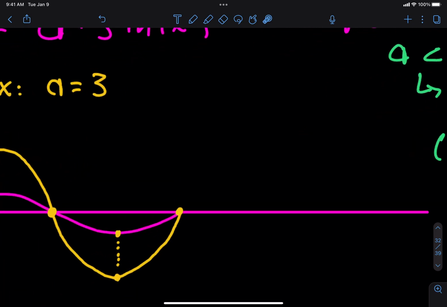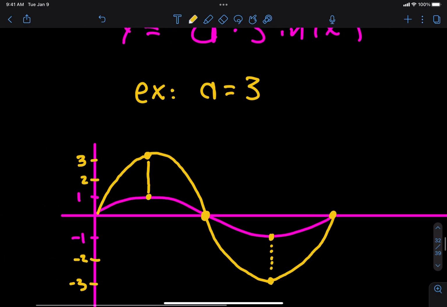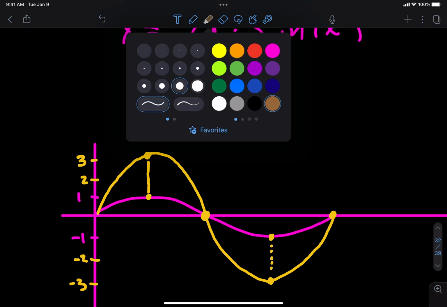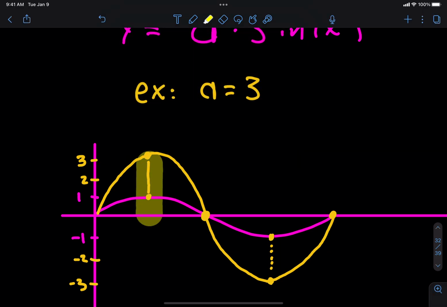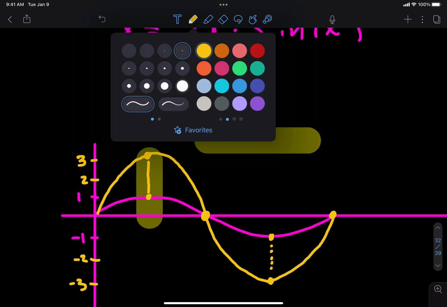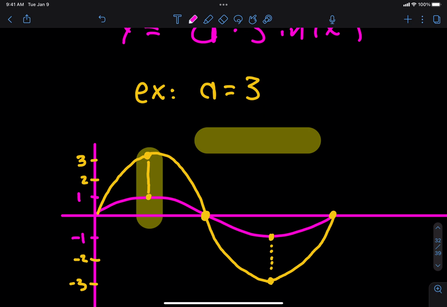Okay, by the way, there's a special terminology we use for this height. Anybody know it? The word amplitude.